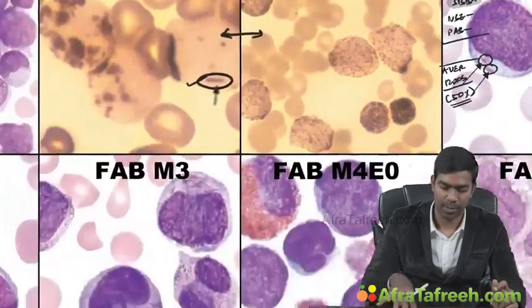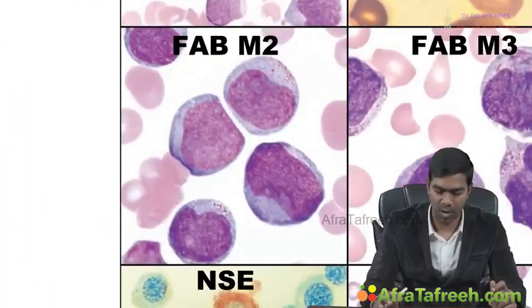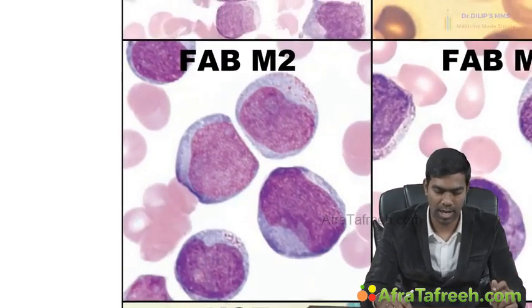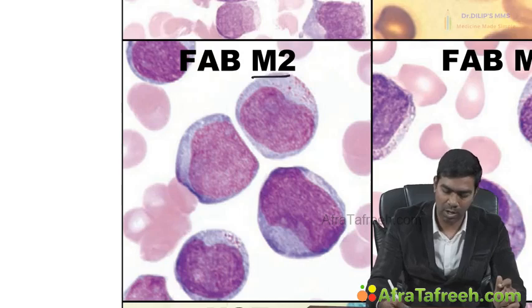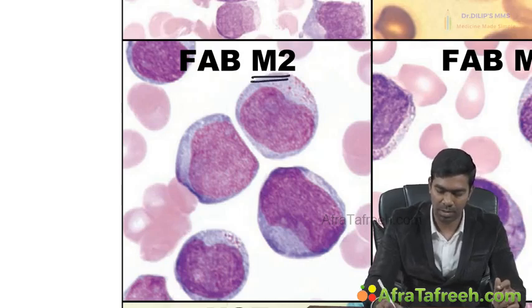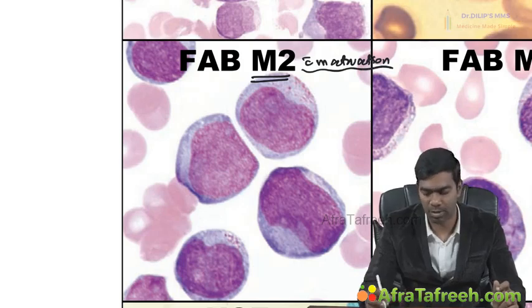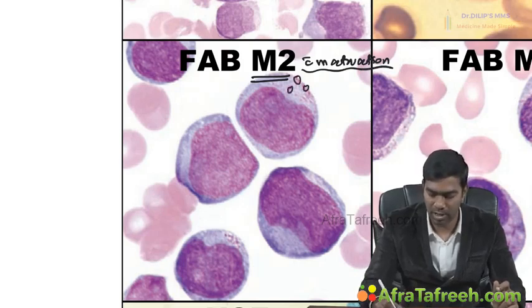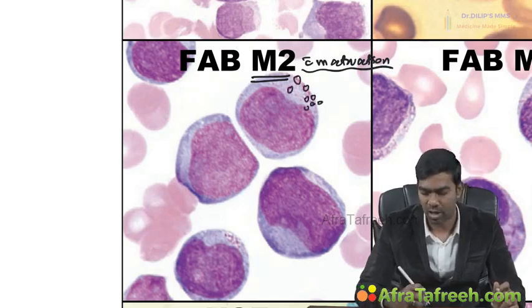Apart from that, what do you mean by FAB M2? That is called AML M2. The moment I call M2, it means AML with maturation, granulocytic maturation. As the name suggests, you can see a lot of granules.